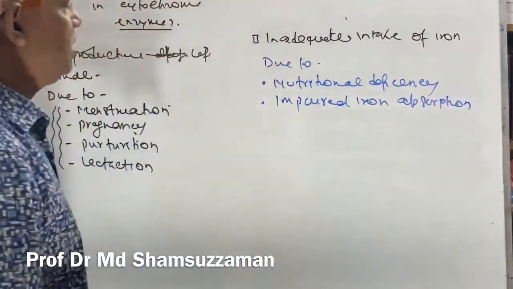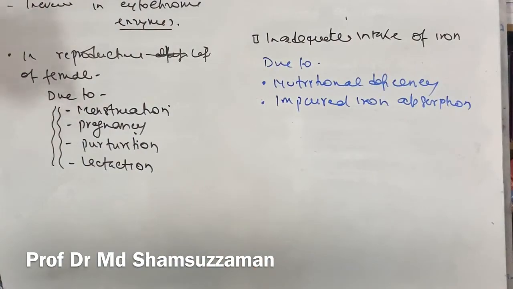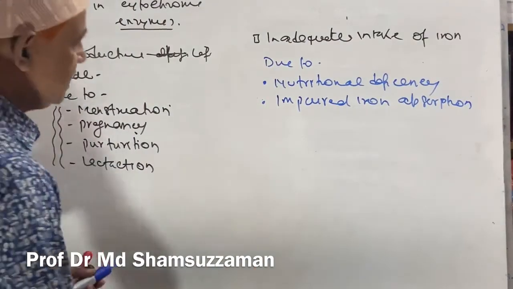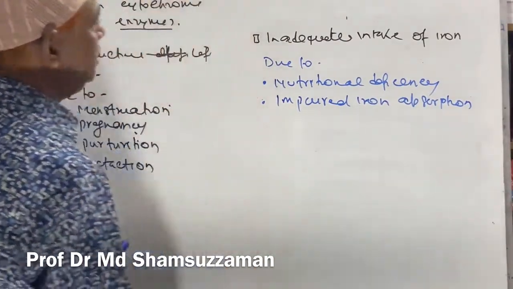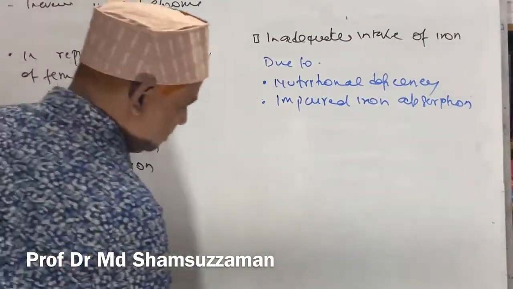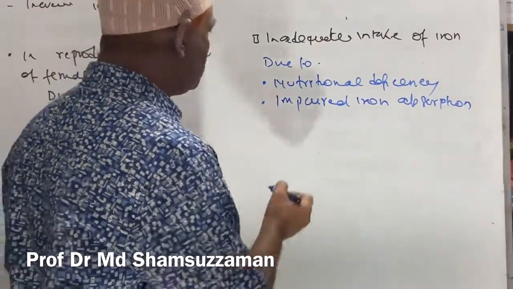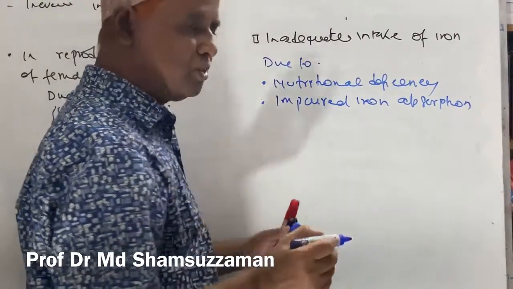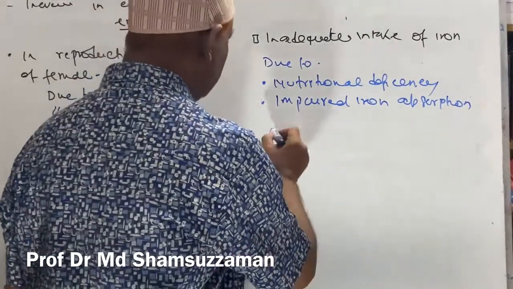So nutritional deficiency and impaired iron absorption is associated with inadequate intake of iron. Now come to nutritional deficiency that is associated with inadequate intake of iron.